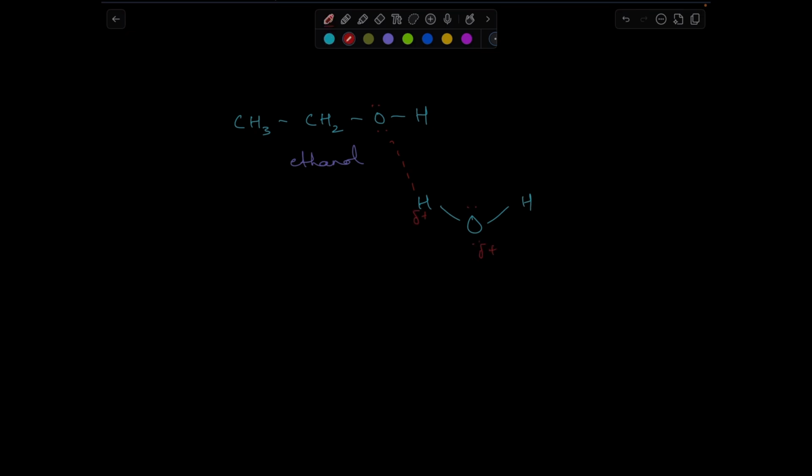The hydrogen in water has a partial positive charge, and the oxygen in the alcohol has a partial negative charge. So this can continue, and this enables miscibility with water, so ethanol is soluble.